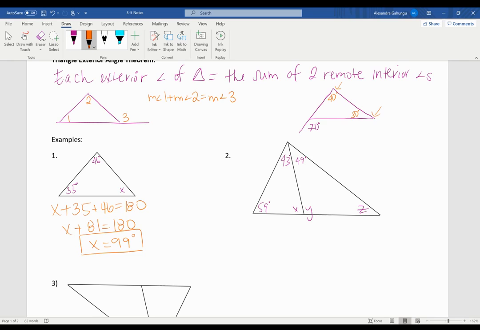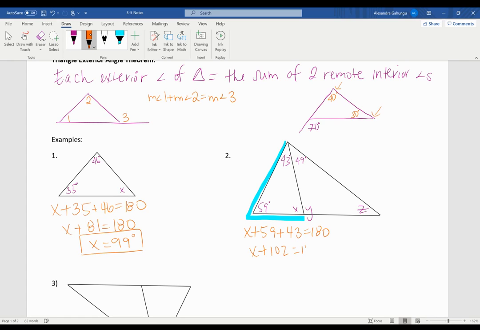For the next one, we're going to find x, y, and z. We're still using the whole idea that the sum of the angles in a triangle is 180. Now, if we've got two or more triangles that we're working in, we start with the triangle that has only one missing angle instead of two. So this one is only missing one angle, so I want to work inside of that one first, because the sum of those three should still be 180, and I only have one variable, which is a lot easier to deal with.